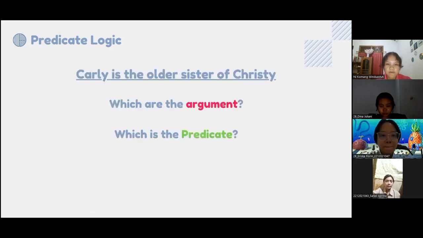So here I provided an extra example. Carly is the older sister of Christy. Which are the arguments and the predicate?